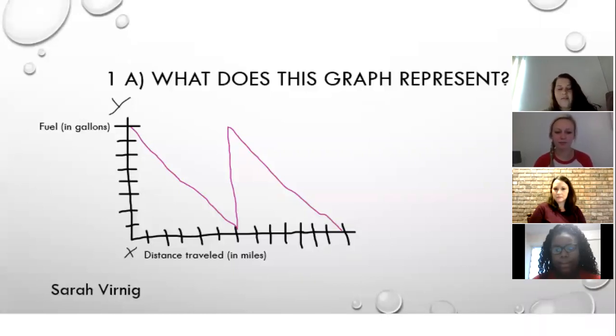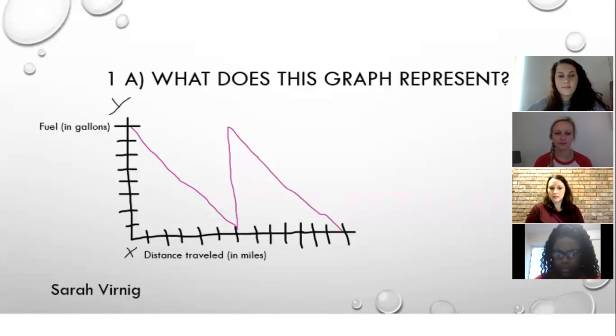What does this graph represent? Okay, this graph shows us how many miles a vehicle travels when they are going, let's say, to state. So we start out with a full tank of gas. We'll say it's 28 gallons. So they start out with 28 gallons of gas, and you can see as the distance increases, your fuel decreases.